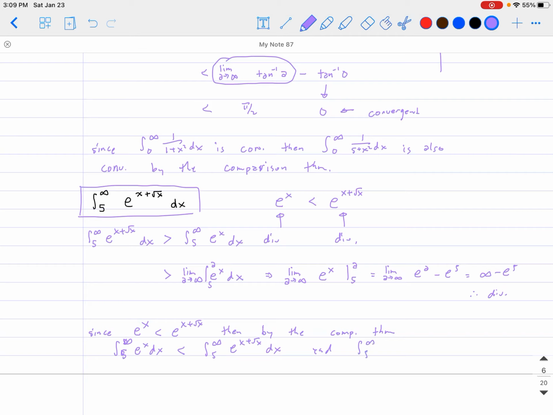And the integral from 5 to infinity of e to the x dx diverges. Therefore, the integral from 5 to infinity of e to the x plus square root of x dx also diverges. I'm sure it could have been a little bit less wordy, but you'll get the idea over here.